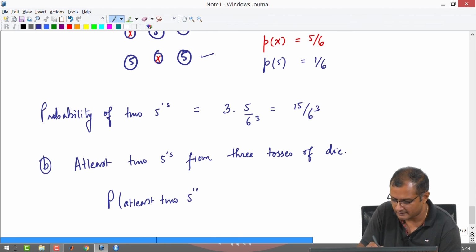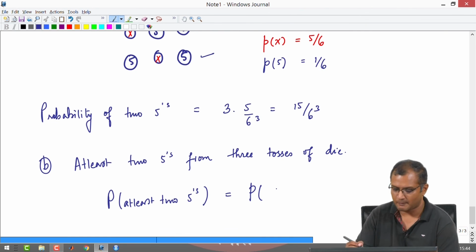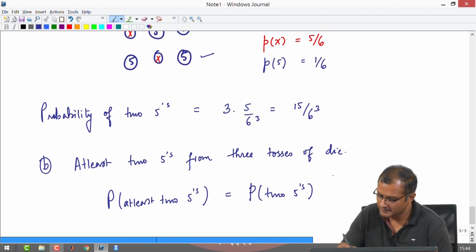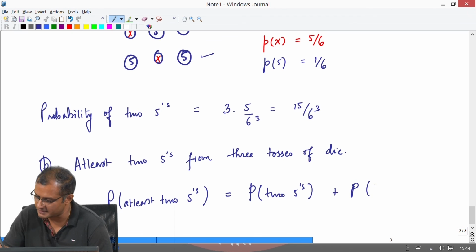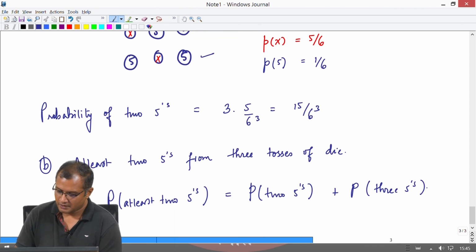Probability of getting at least 2 5s is equal to probability of getting 2 5s plus the probability of getting 3 5s. That is the only two possibilities.